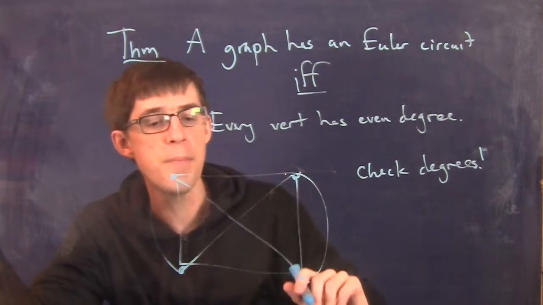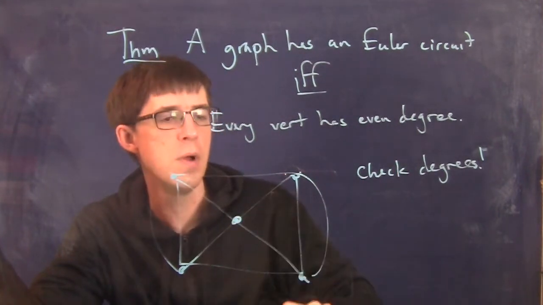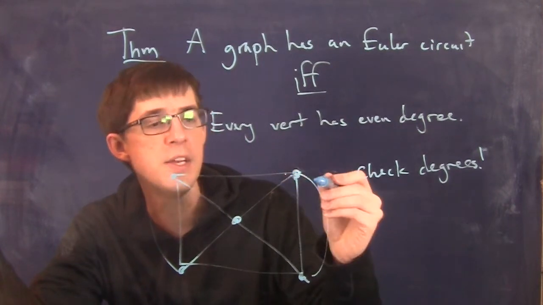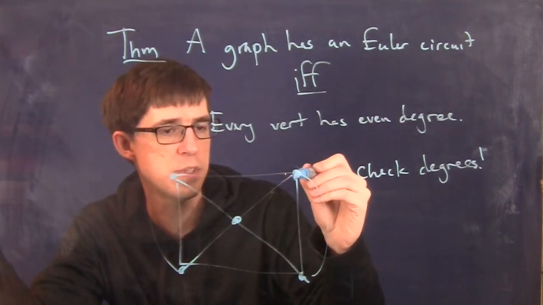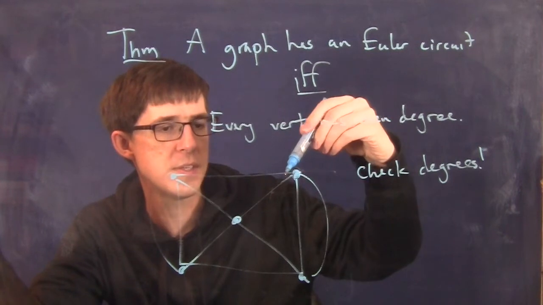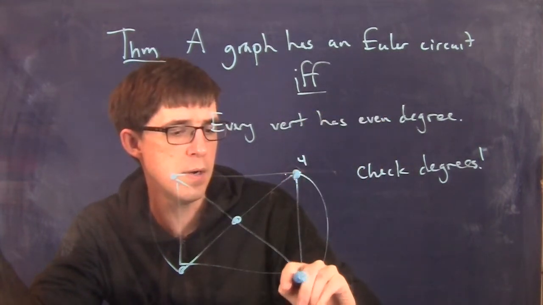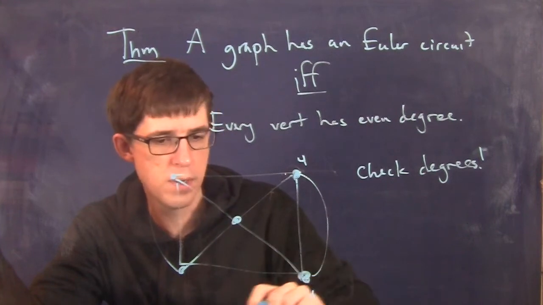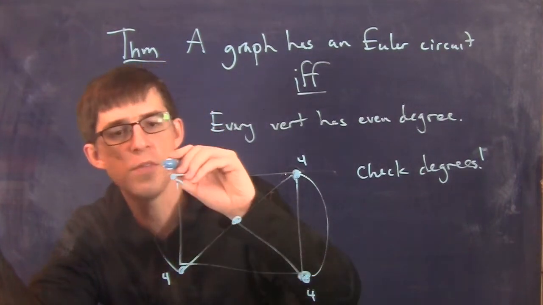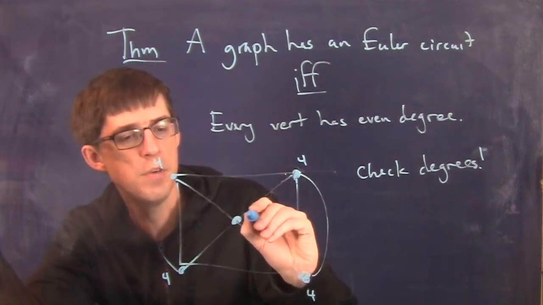And what are the degrees? Remember the degree? The degree is just how many edges hit the vertex. So here, what's the degree? Count how many edges are going into this dot. 1, 2, 3, 4. So the degree there is 4. This one here, degree is also 4. Actually, all of these, the degrees are 4. And the one in the middle, the degree is also 4.